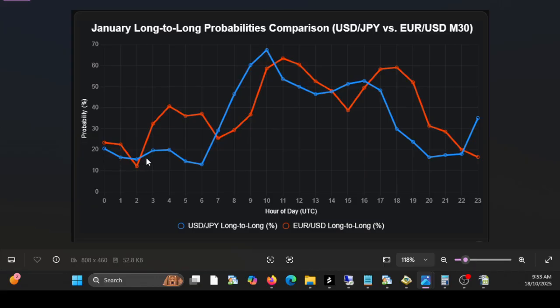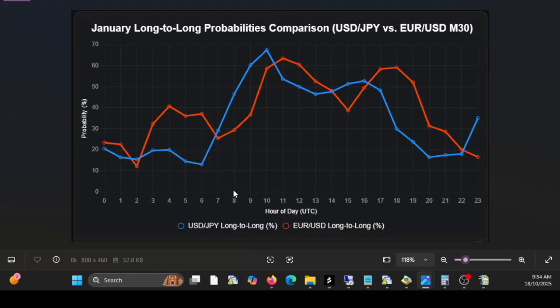So we go from about 15% where you won't see a long after a long, which means you're more likely to see a short after a long, and then a long, and then a short. And then during the peak times, you're more likely to see a long after a long.